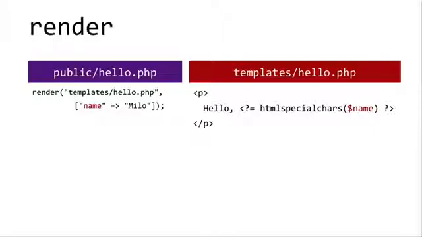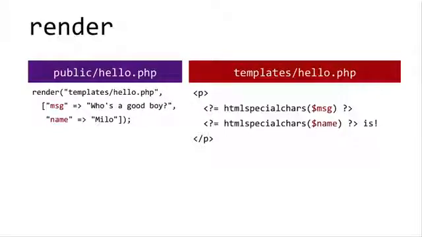So within that code, I'm going to call render on template/hello.php, passing in my associative array with name as my index and Milo as the value. Then in template/hello.php, it has a placeholder for the name passed in by the associative array. That'll essentially replace that segment with Milo because Milo was passed in as the value.